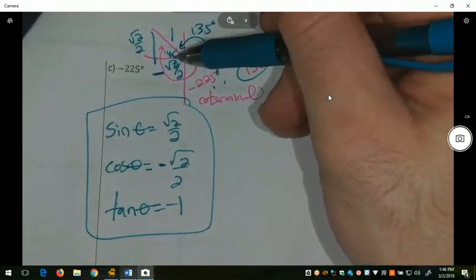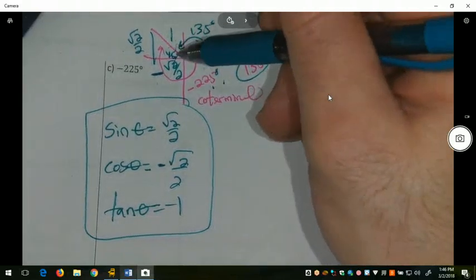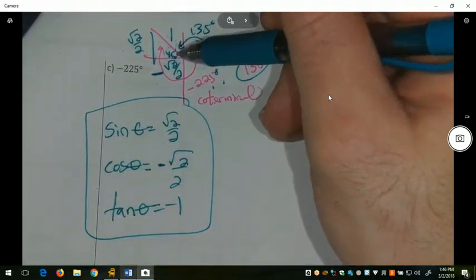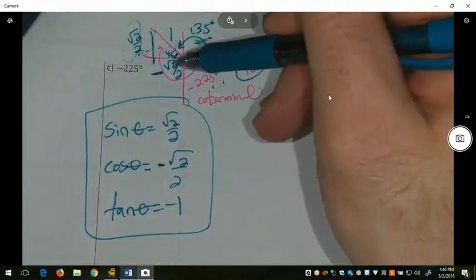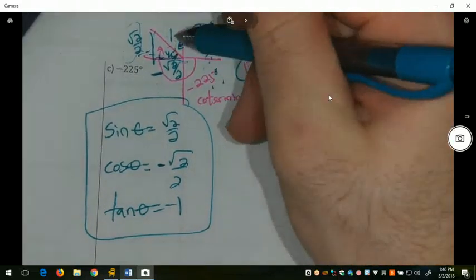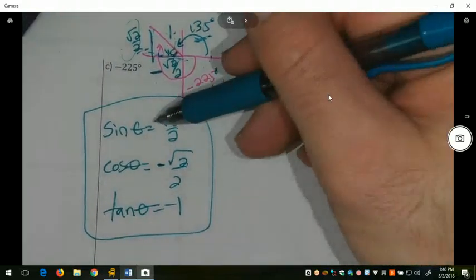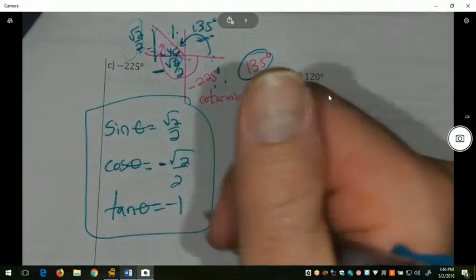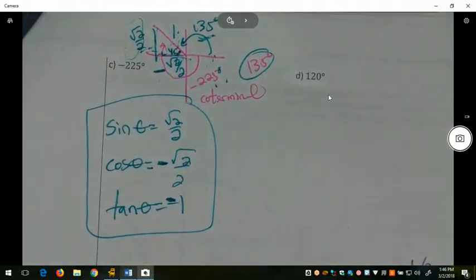Using the reference angle of 45 degrees, and your special right triangle, which you divided every side by the square root of 2 to create, gave you square root of 2 over 2 for the height, negative square root of 2 over 2 for going left from the origin, and 1 for the hypotenuse, like was directed in the directions. Then doing sine, cosine, and tangent, these are the values you should get. Notice that tangent and cosine are negative just as you found in number 3 of your day 2 homework.